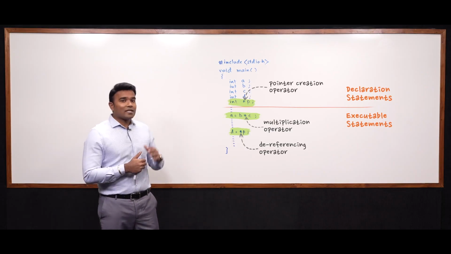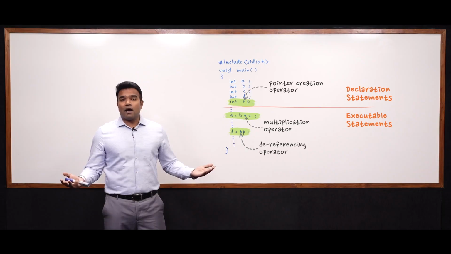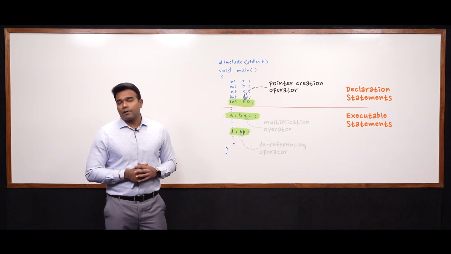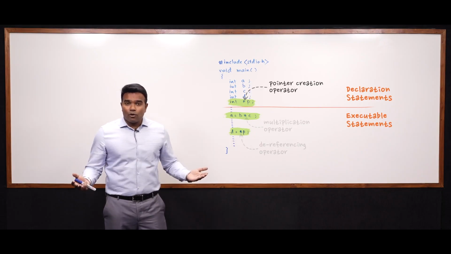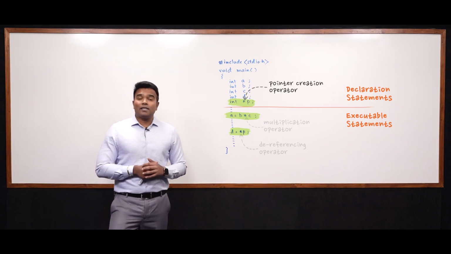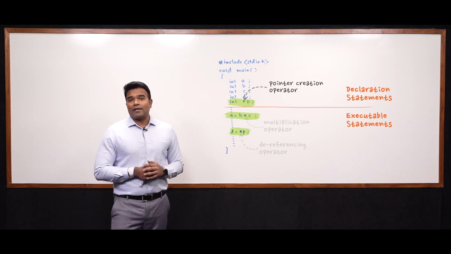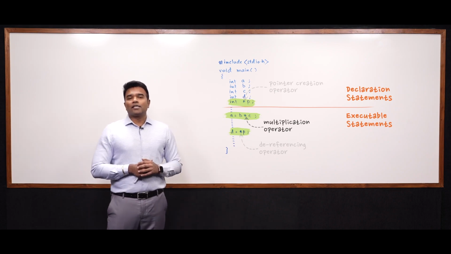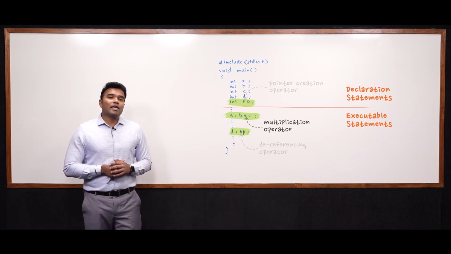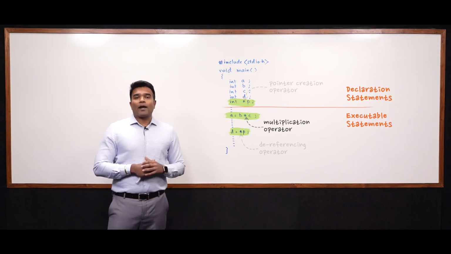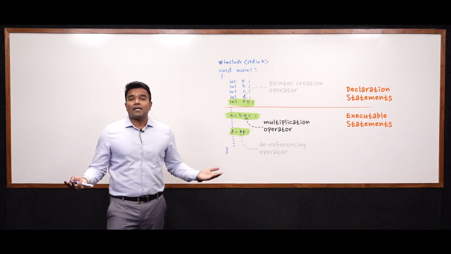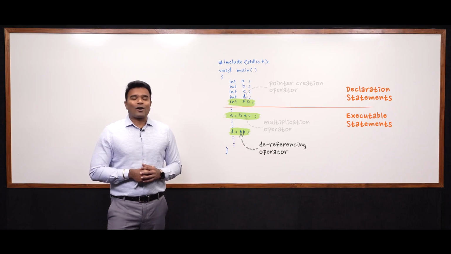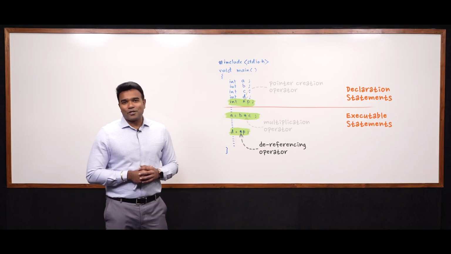In the declaration statements, if you happen to see a star, then treat that star as a pointer creation operator. In the executable statement, if you happen to see a star with 2 operands, then treat it as the multiplication operator. And if in the executable statement you happen to see a star with a single operand, then treat it as the dereferencing operator, or I would call it the penetration operator.